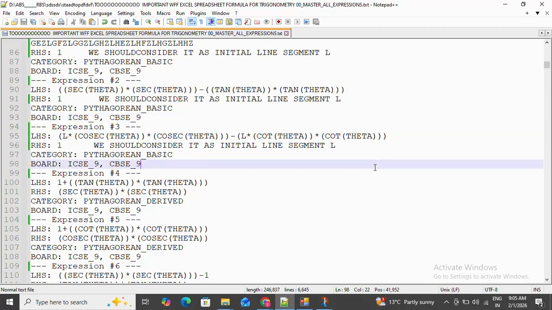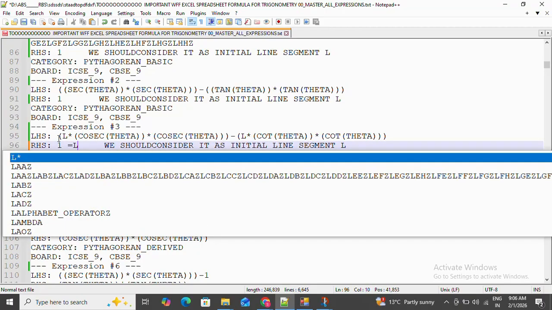It consumes the trigonometry expressions in this way, and wherever the one is missing, it first puts the one star there, and when the one star is there, the simulator converts it to the L star, meaning the game starts with the initial line segment L every time, and whenever only one is there, the simulator will consider it as the L.